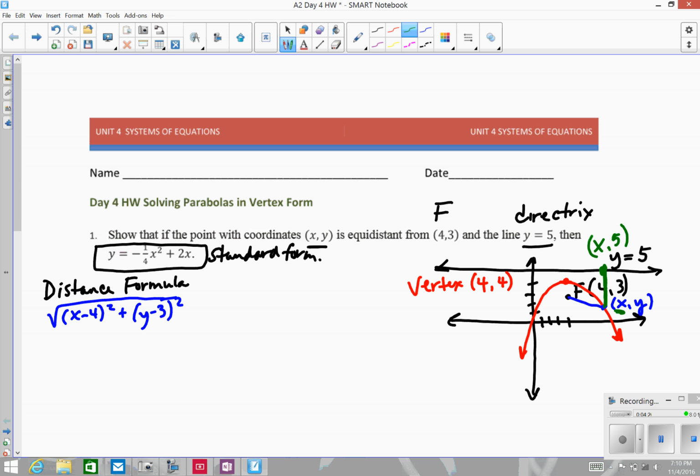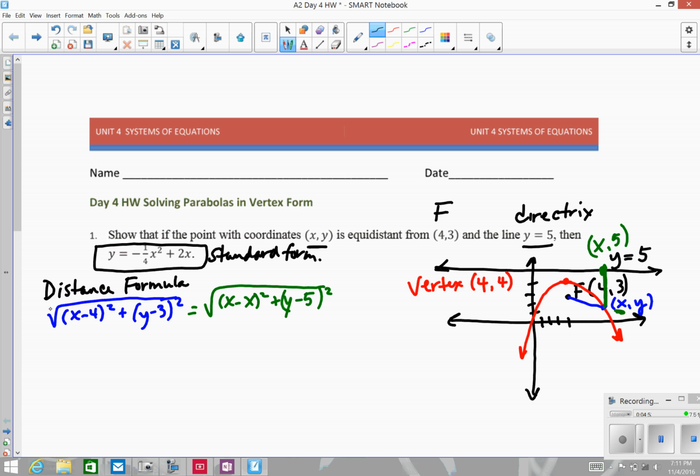So the distance I'm calculating is from the xy point to x comma 5. The difference in x's would be x minus itself, quantity squared, plus y minus 5 quantity squared. I'm going to simplify these, and then I'm going to square both sides.